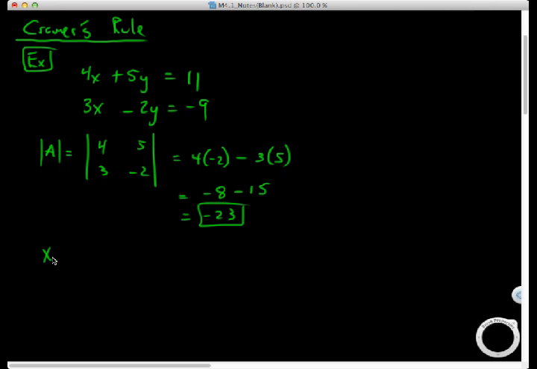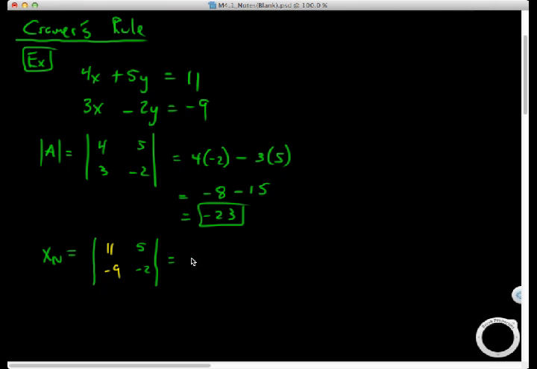Now what we're going to do is find what I call x sub n, which is my own notation. It's the x numerator. We find another determinant, except the first column, the x's coefficient column from A, is going to be replaced with the constants. So we'll have 11 and -9 here, representing the x's column, and 5, -2, still the coefficients for y.